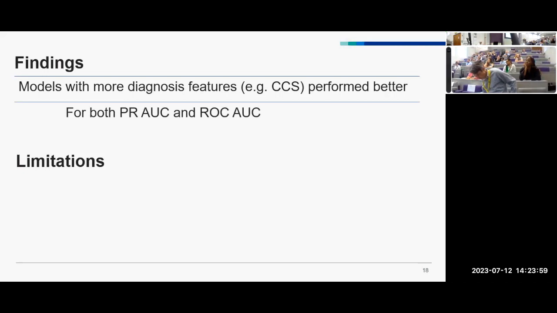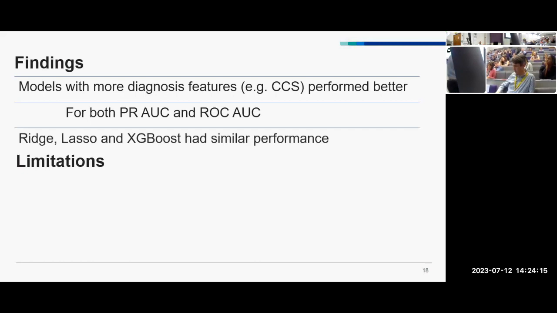This is the case for both the receiver operating characteristic curve score, the original scoring system, and the new scoring system, which is the precision recall curve score. Because if both classes are going to do well, then ROC AUC will still give a higher score anyway. And pretty much all three models perform similarly.